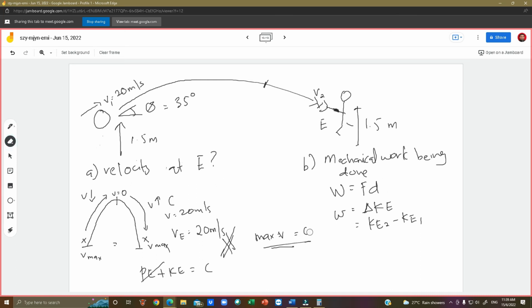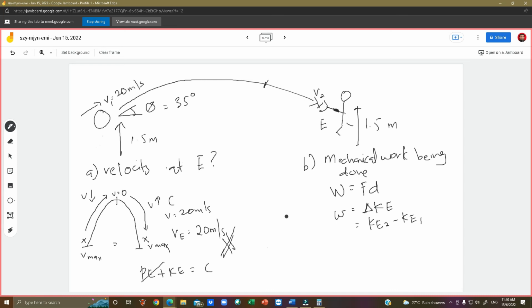Yang kedua. Okay. Now, we solve the mechanical work being done by using work equals to change of kinetic energy.